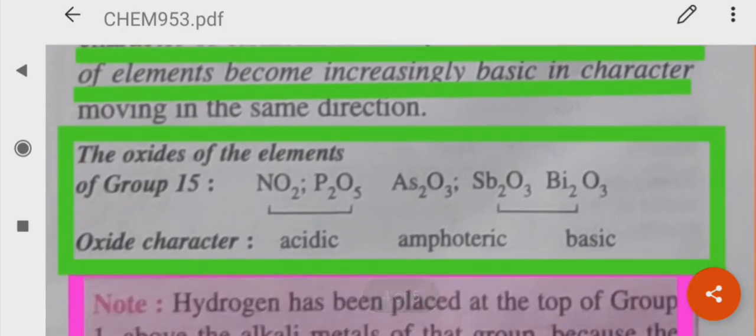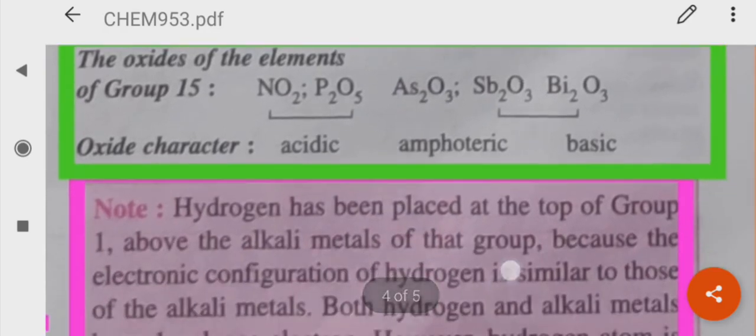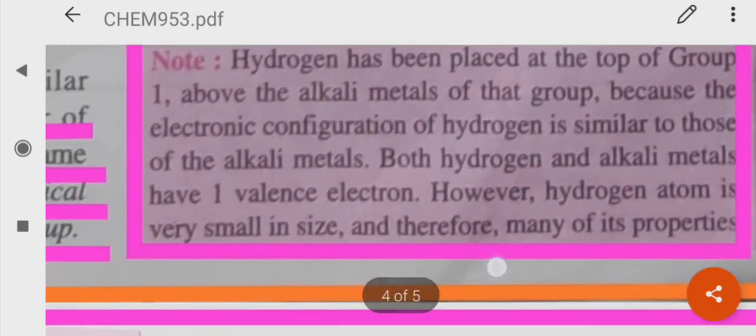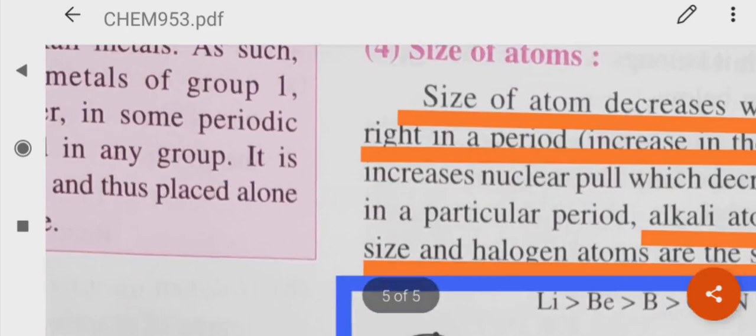As you can see, these oxides are acidic, nitrogen dioxide and phosphorus pentoxide. Then come amphoteric oxides, which show the properties of both acids and bases. Then come basic oxides. And you know that hydrogen has been placed at the top of group 1. Why? Because it has one valence electron.